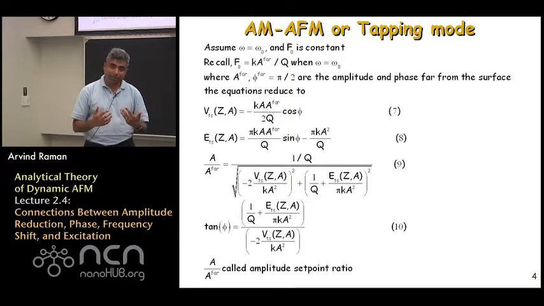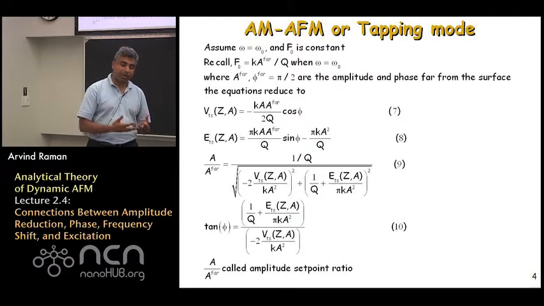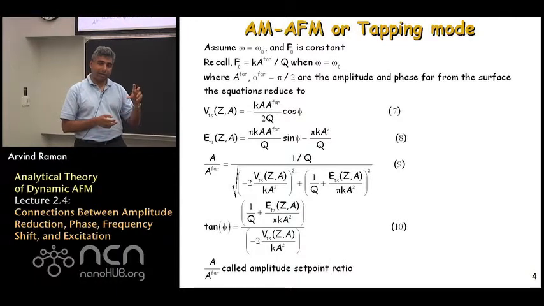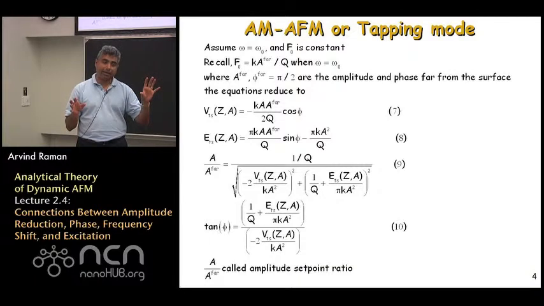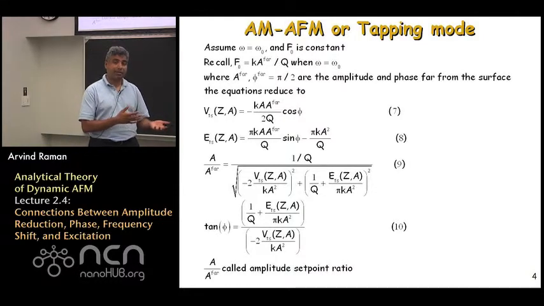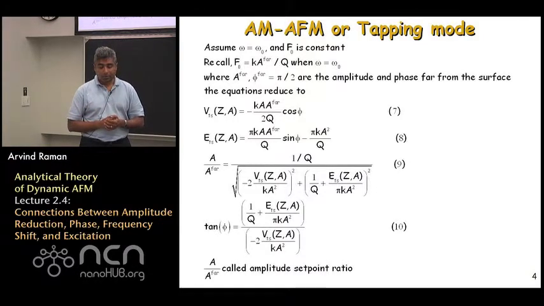Equation 10 is the corresponding equation for the tangent of the phase lag. What one notices is that equation 9 contains the amplitude A on the left-hand side, because we have the amplitude reduction there. On the right-hand side, we have VTS and ETS with A squared in the denominator, and VTS itself depends in a nonlinear fashion on Z and A. So does ETS.